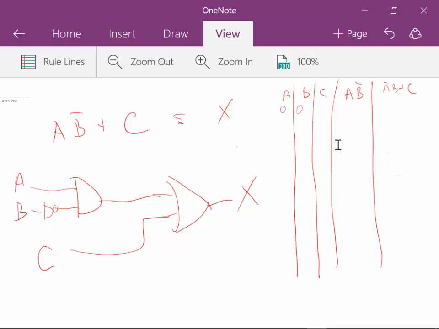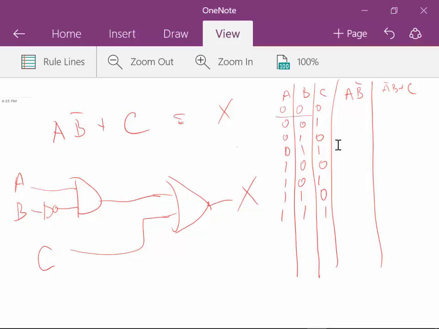So 0, 0, 0, 0, 0, 1, 0, 1, 0, 0, 1, 1, 1. And I know it's getting close to the end of the hour when I'm making these foolish mistakes, right? And you should set that there.